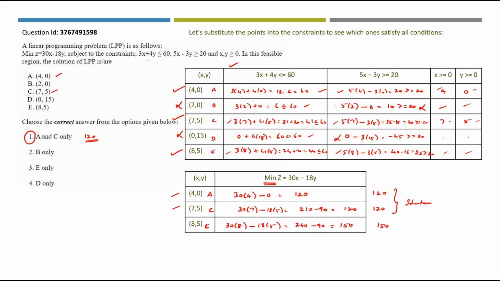So definitely you have to pick B as the solution. But does B satisfy both the constraint? No. Instead of finding Z value and then checking whether the constraints are fine or not, you can first check whether the points are satisfying both the constraints. Those points alone you can substitute in objective function.